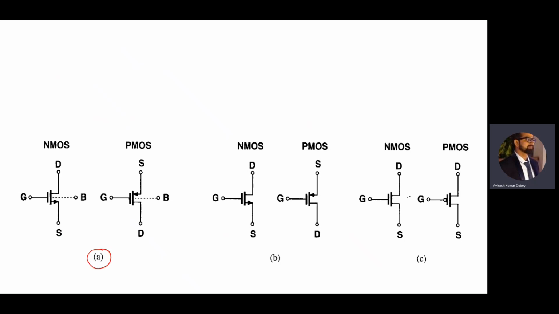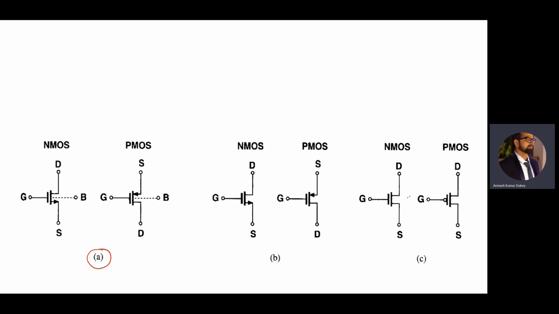Different regions are also depicted in figure A. Different connections are depicted. This is the bulk terminal or body terminal, gate, drain, and source. Similarly for PMOS, the simple structure is also presented, like a three terminal MOSFET.